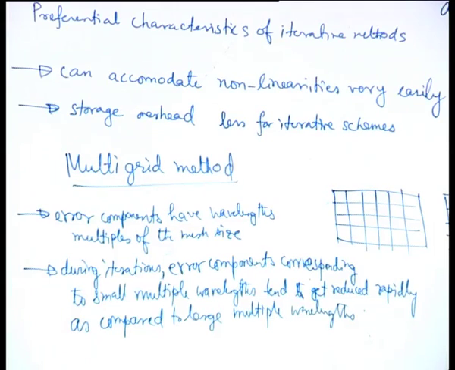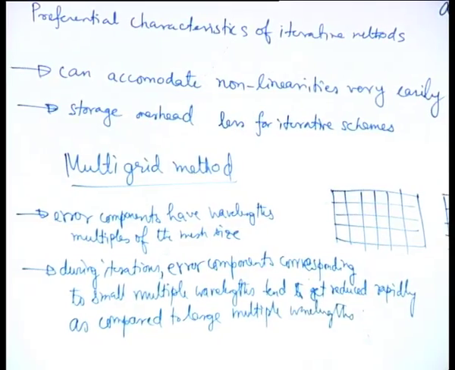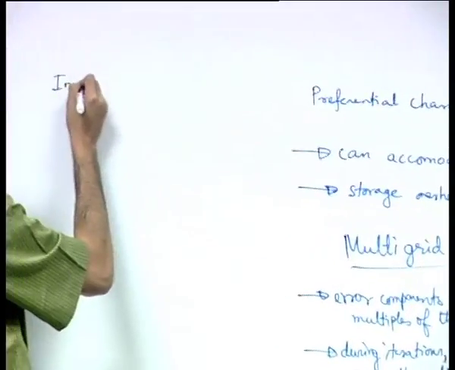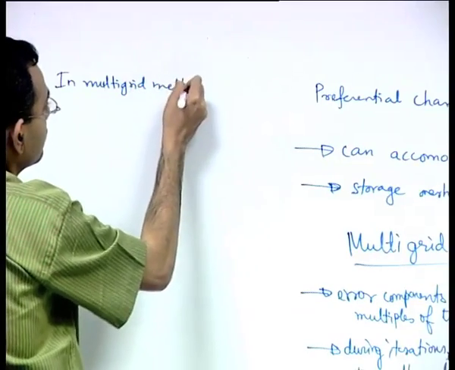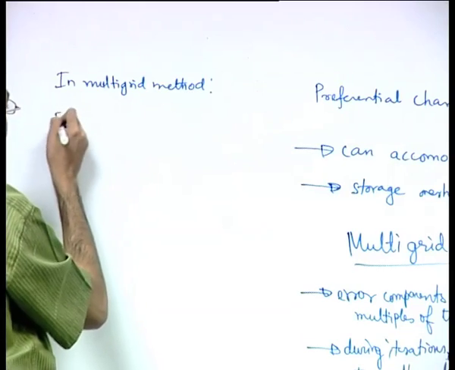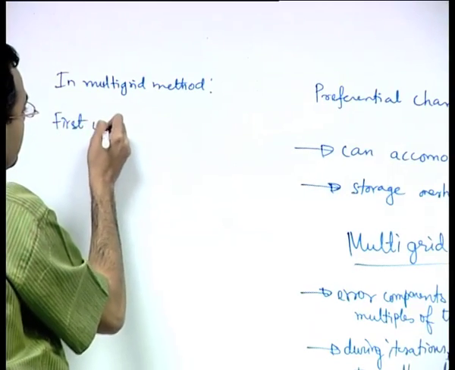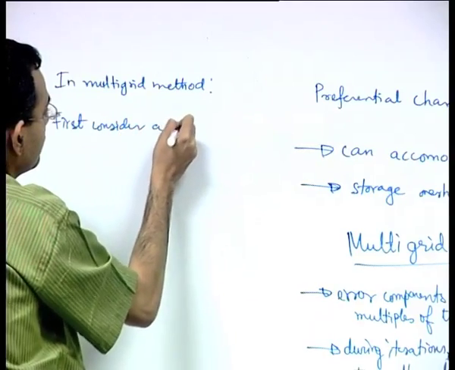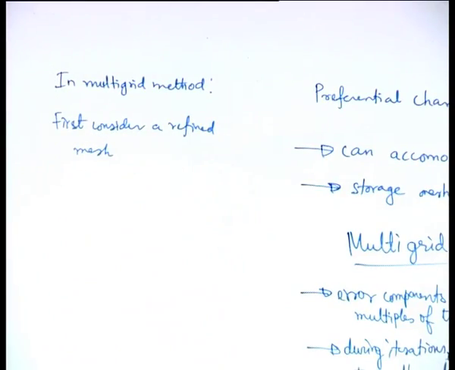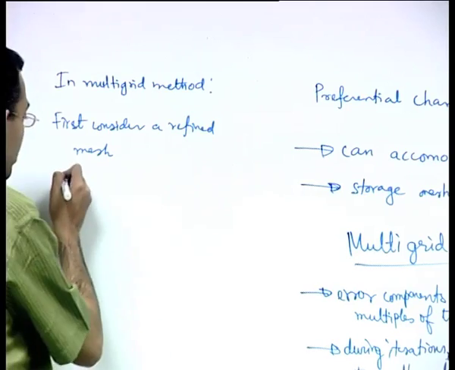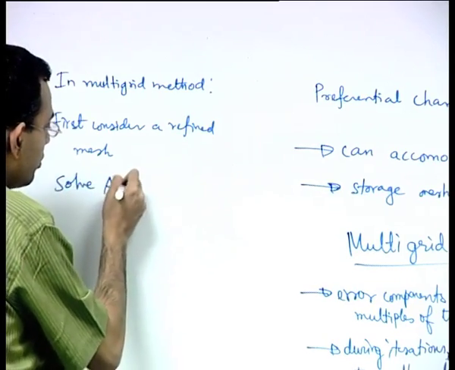Now in the multi-grid method, first we consider a refined mesh. In the refined mesh you solve Ax equal to b.